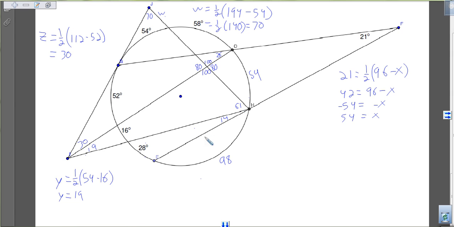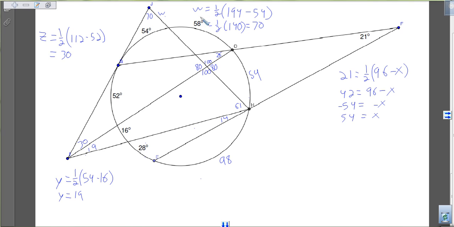Well, from here, I have several options as to figuring out the measure of this angle. I could use my triangles, but I want to use the arcs just for the sake of argument. This angle, if we notice, is formed by a tangent and then this line. We notice that the vertex is on the edge, so that means that the measure of this angle is equal to half of this plus this.